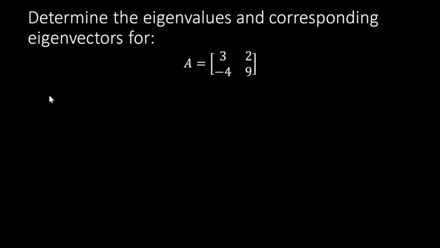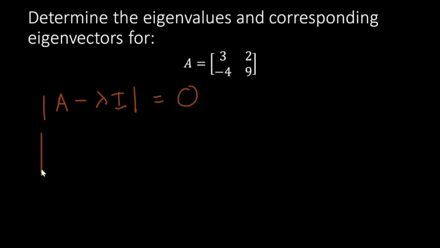So step number 1 would be to solve the characteristic polynomial: the determinant of A minus lambda I equals 0.